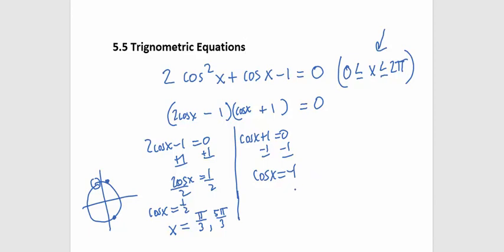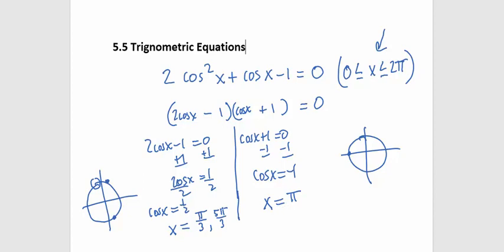Alright, let's look at the other side now. Cosine of x is equal to -1. Well, if we think about our unit circle there, where is my x-coordinate going to be -1? That's only in one location. That's right there. So this is when x is going to be equal to pi. So I've got three solutions here: pi over 3, 5 pi over 3, and pi.